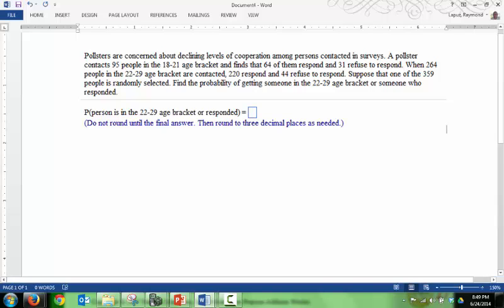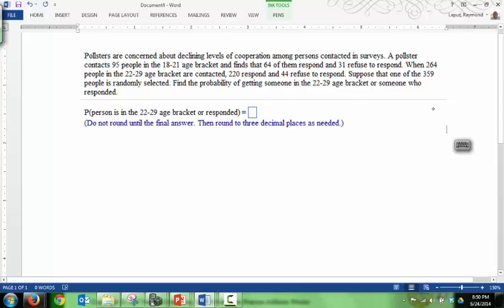So here they talk about a pollster who contacts 95 people in the 18 through 21 age bracket and finds that 64 of them responded and 31 refused to respond. Something like this might get a little complicated when we just look at the numbers, so it might be good to put this in a table.